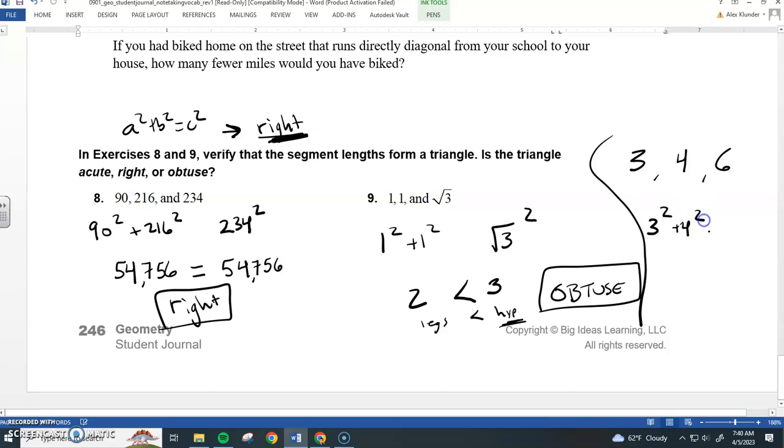These are known as my legs. You're going to take 6 squared. 3 squared plus 4 squared is 25. 6 squared is 36. So we ended up figuring out that my hypotenuse was bigger than my legs. So again, it's obtuse. You guys will have a few examples in your notes where you might get something acute.